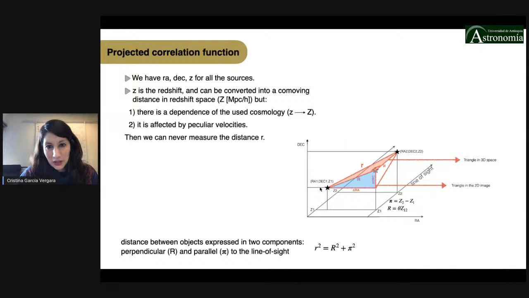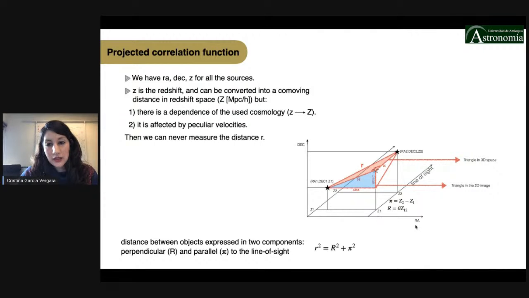First, let me show you the geometry of the problem here. Here you have one object, one galaxy, for example, and here you have another one. The 3D distance between them is this small r. This here is the plane of the sky.